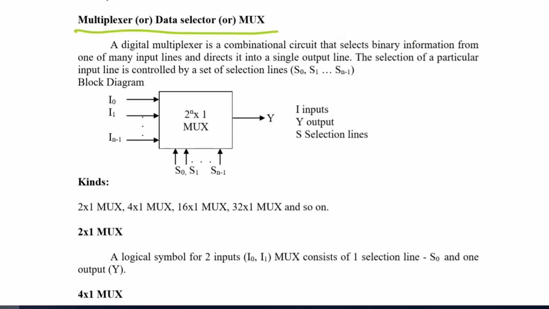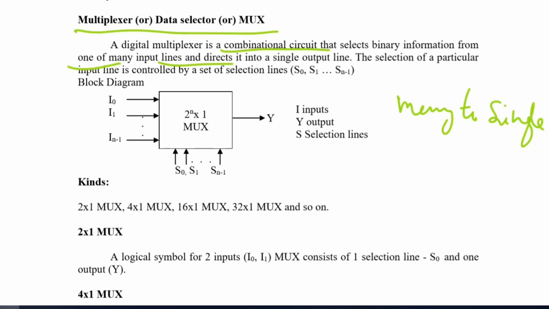Multiplexer is a data selector, or shortly we can call it a MUX. A digital multiplexer is a combinational circuit that selects binary information from one of many input lines and directs it to a single output. So many inputs to a single output.